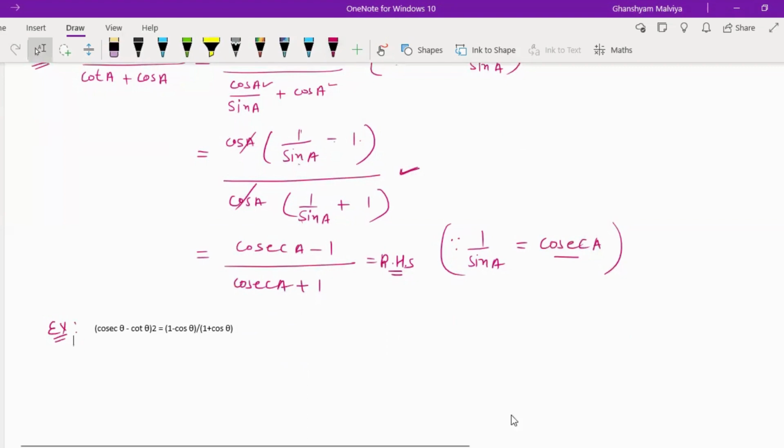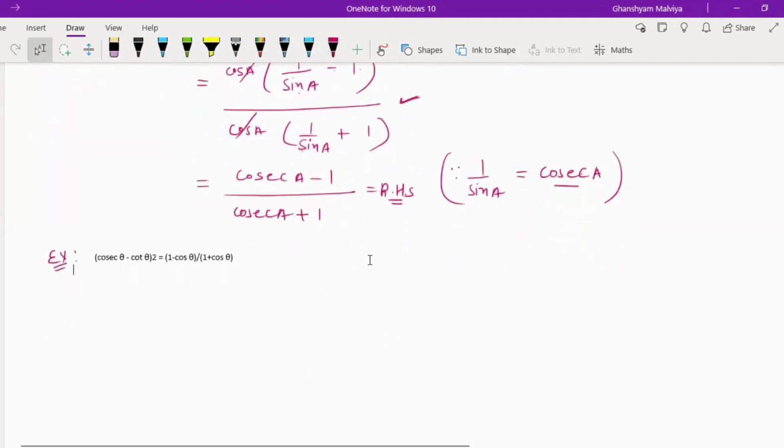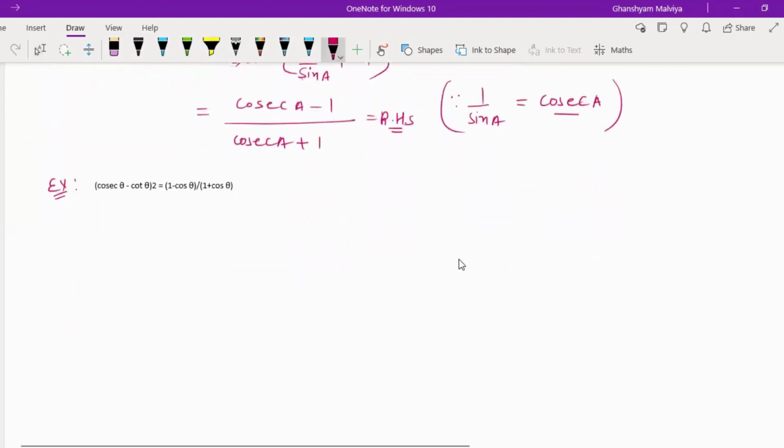See, we have a question like this: (cosec theta minus cot theta) whole square equals (1 minus cos theta) divided by (1 plus cos theta). It is actually given as a whole square, not two. Your question is like this. Okay. So what you can do here, that thing you have to understand.